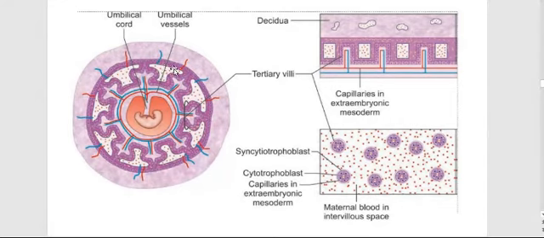These were formed in the syncytial trophoblast. And from the maternal side, we have the decidua basalis, and these spiral arteries which were eroded keep on filling the intervillous spaces with maternal blood. So this is our placenta, which has been formed.